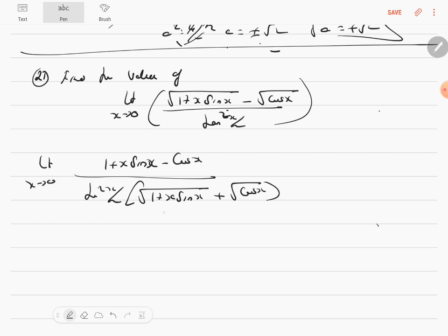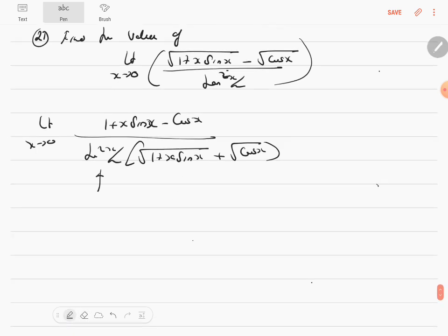Is the denominator becoming 0 here? I put x as 0, it's 1. Put x as 0, it's 1, and so 1 plus 1 is 2. But this still gets to 0, so you have to resolve this component. And what about the numerator? You have cos 0 is 1, and 1 minus 1 gets cancelled. You're still left with an x sin x.